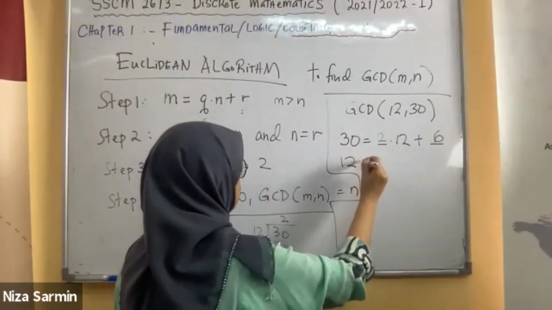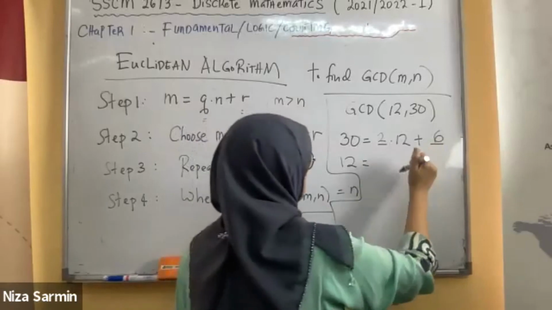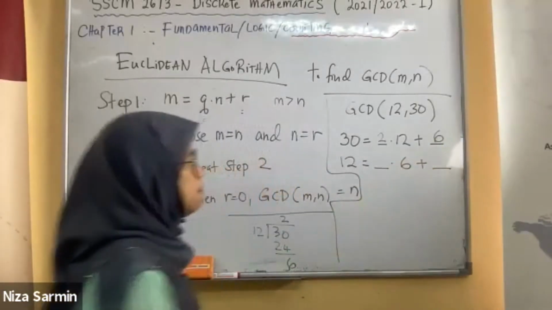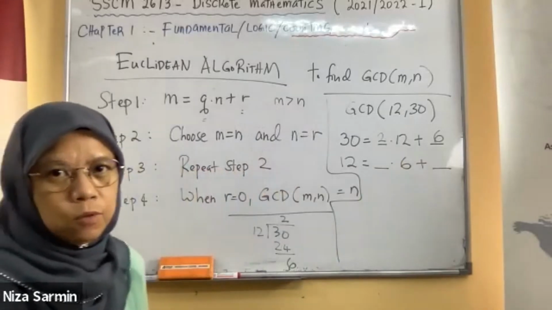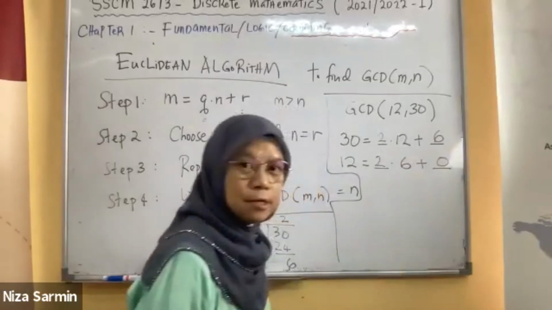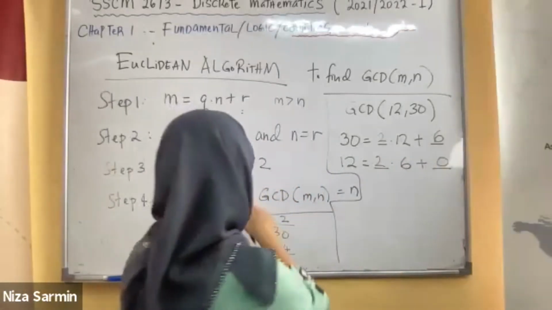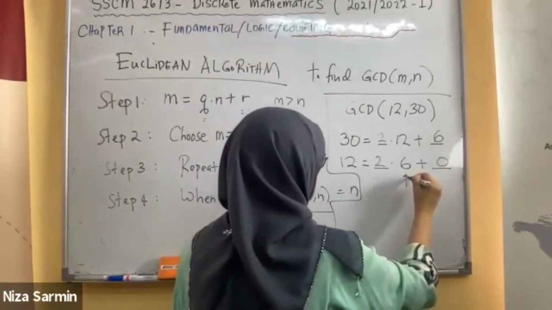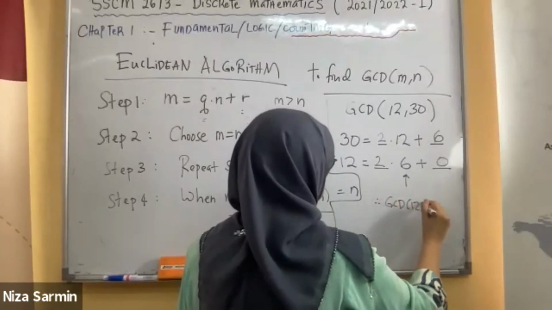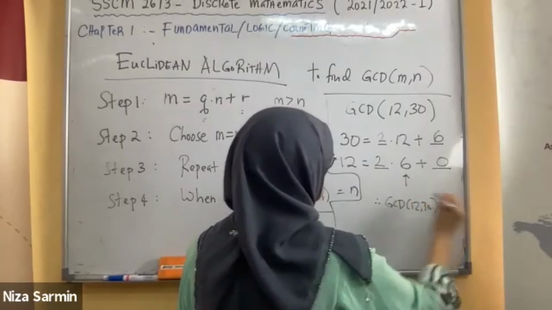So 12 equals, and you move this to be here. And when you move that, this is 0, right? Then by this, GCD of 12 and 30 is 6.